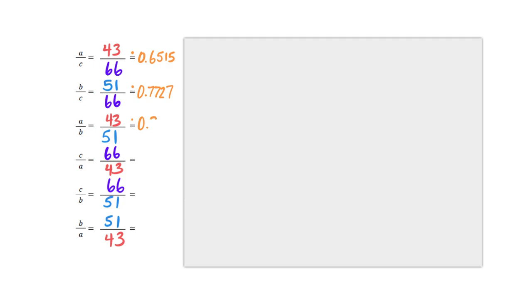They're all approximates because they're rounded. In every one of those instances, I had to round down. Now do the same thing as we go, approximately 1.5349. 66 divided by 51, approximately 1.2941. And my last one, 51 divided by 43, approximately 1.1860. So I don't need to write down the 0. Okay, there are my values.